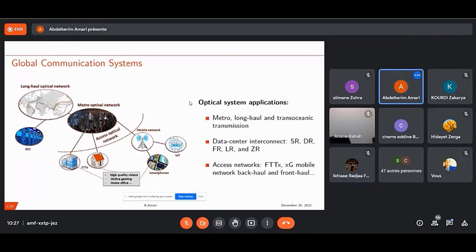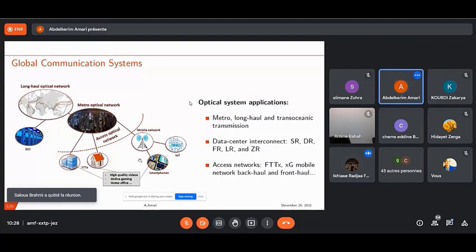Let's start first with this diagram here. It's known that optical fibers are widely used as communication systems, and they carry more than 99% of the transoceanic traffic. They're also used for metro optical networks and data center interconnect for different ranges with different detection: coherent detection for ZR next generation systems, and direct detection for other data center interconnect.